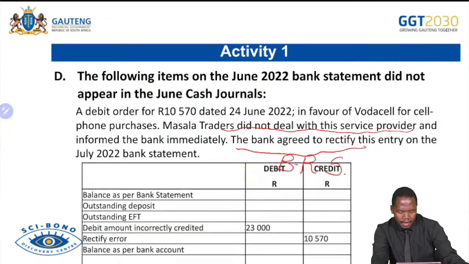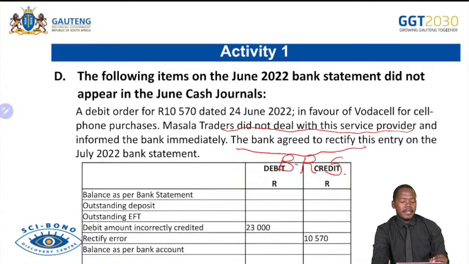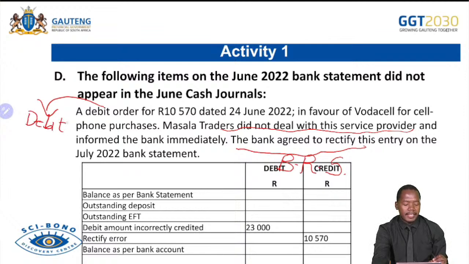Moving forward, now let's see how this is recorded. So now we will have the entry recorded there. Remember the 23,000 was for the deposit. Now we're having this entry. Why are we recording 10,570 on the credit side, grade 12s? Please remember, a debit order is initially entered on the debit side.